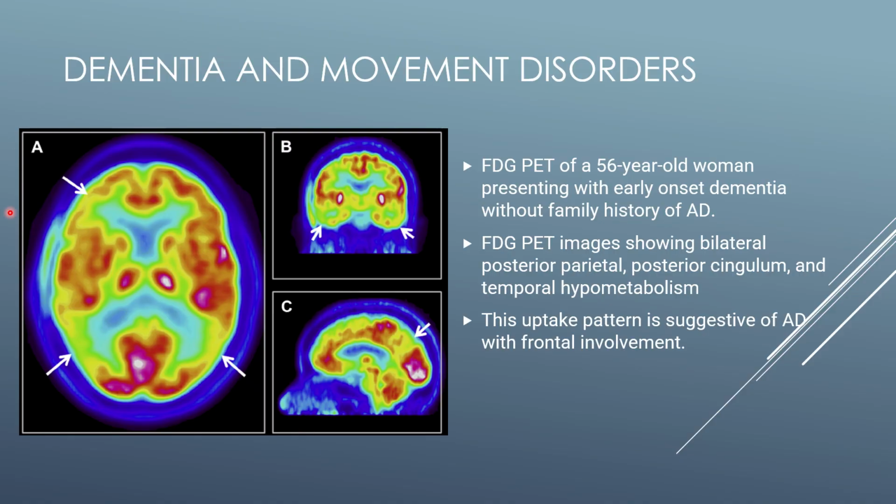This one up here is the temporal hypometabolism. Down here with this one, we have the posterior parietal lobe that has hypometabolism. And then you also see the posterior cingulate that has hypometabolism as well. So this uptake pattern is suggestive of Alzheimer's disease with frontal involvement.